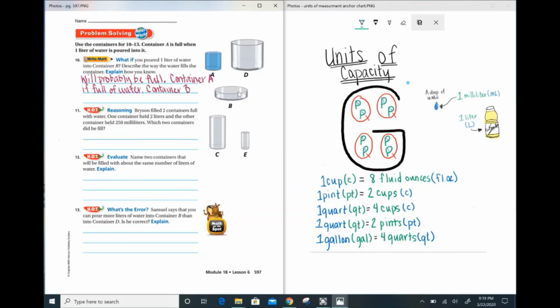So container B is shorter and wider, and will most likely take up the same amount of water, or hold the same amount.